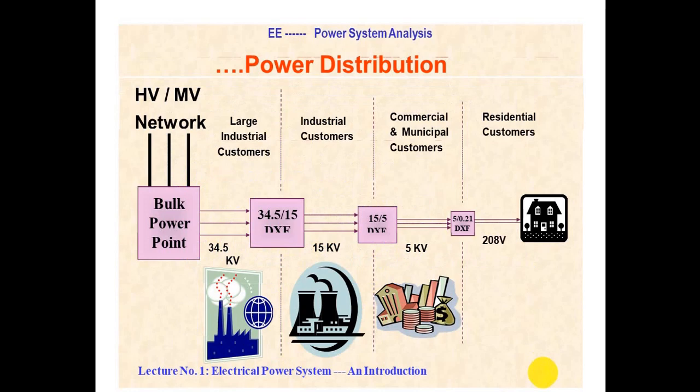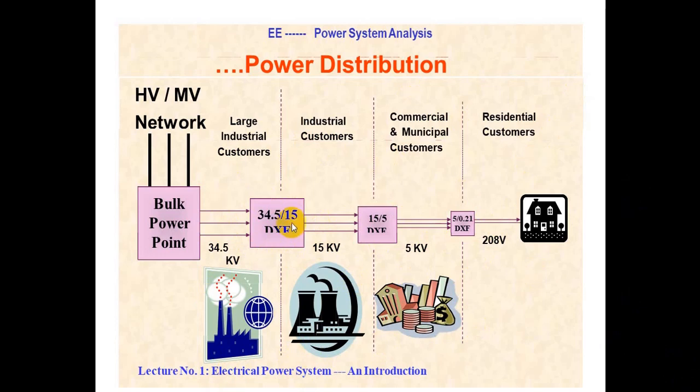And you can see this is one kind of line diagram, which shows the bulk power point here, which we are considering as the transmission voltage obtained at the start of the distribution point. Here this is almost 34.5 kV, and we have the first step down transformer, 34.5 to 15 kV. Obviously this is not a practical one line diagram for Pakistan, our country. This is just generic, which may be for any country where the service voltage varies.